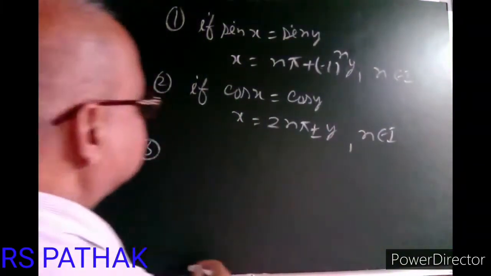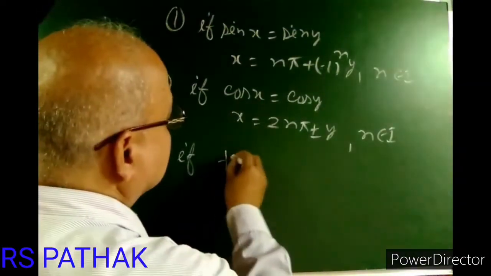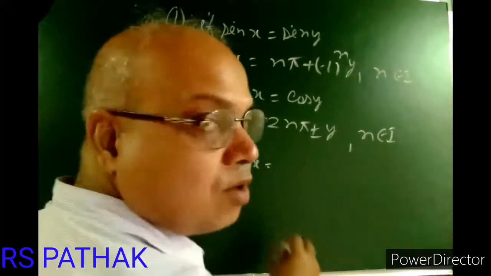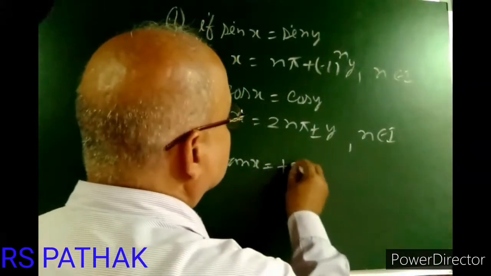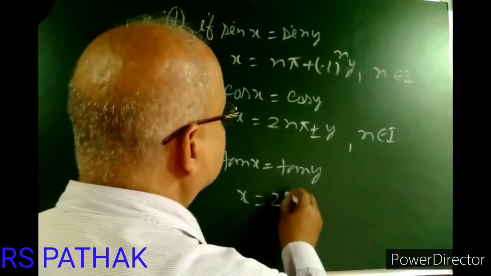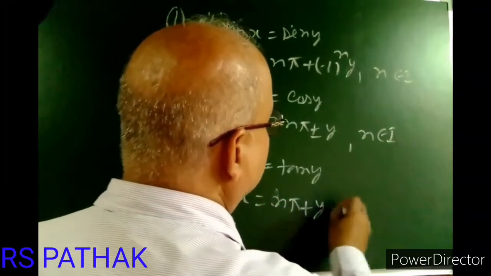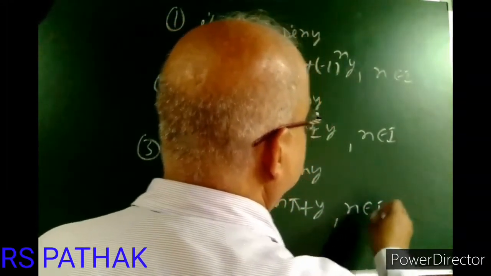Number 3: if tan x equal to tan y, then x equals n pi plus y, where n belongs to the integers I.